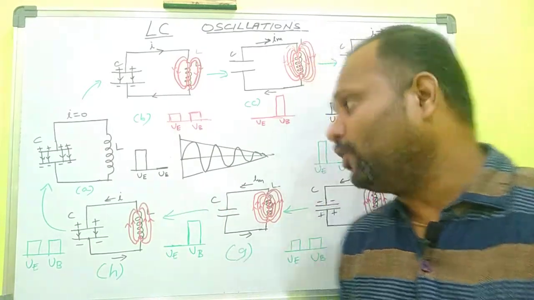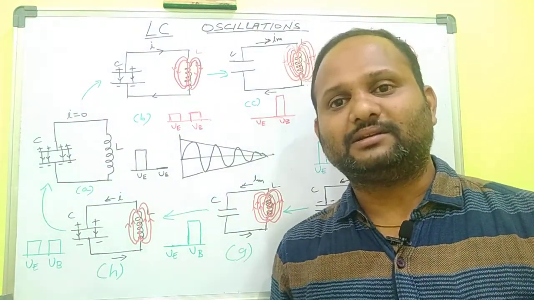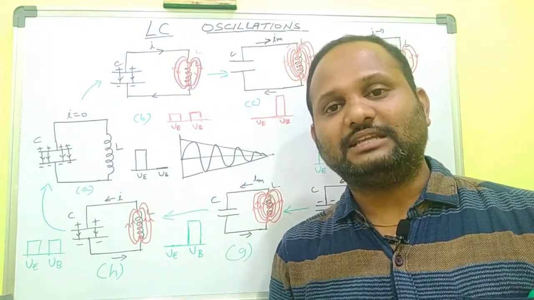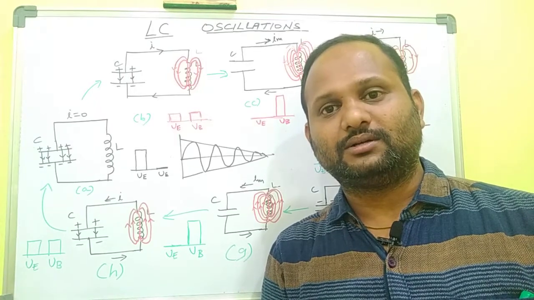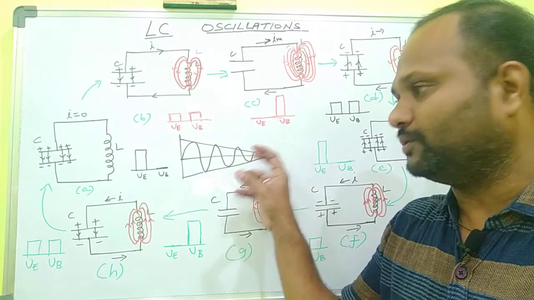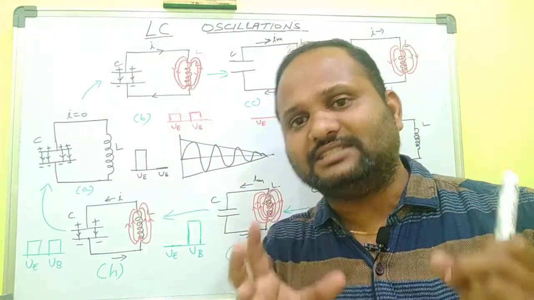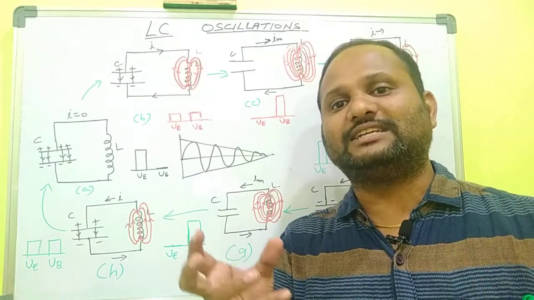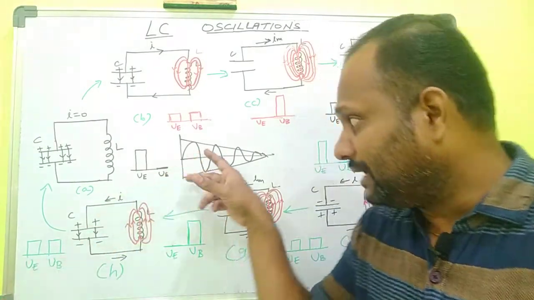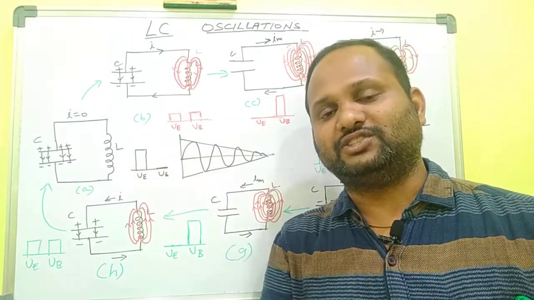Okay, how can we produce undamped oscillations in practice? Is there any possibility to produce undamped oscillations? Yes. We give some external agency or external force to maintain these oscillations, to maintain the amplitude of the oscillation.